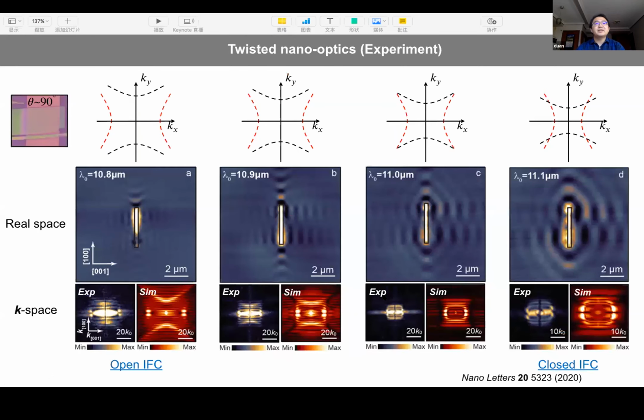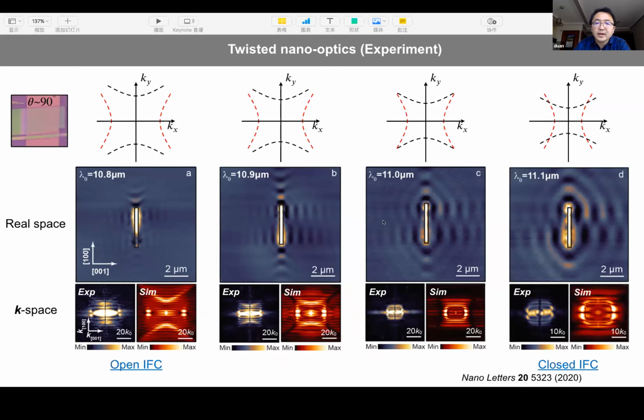Besides the twist angle, we find another parameter that influences the isofrequency curve. If we use smaller incident wavelengths, the two open hyperbolas are quite far away, and more or less we have the open isofrequency curve.